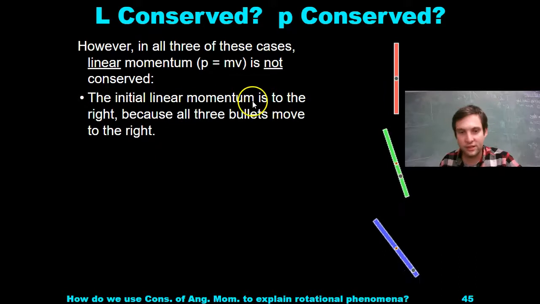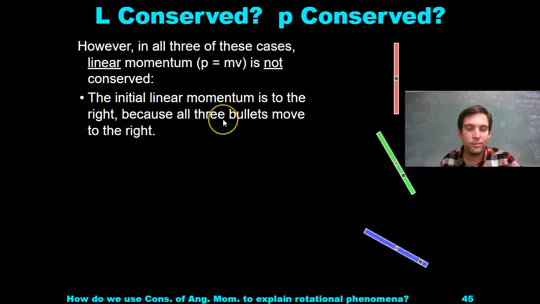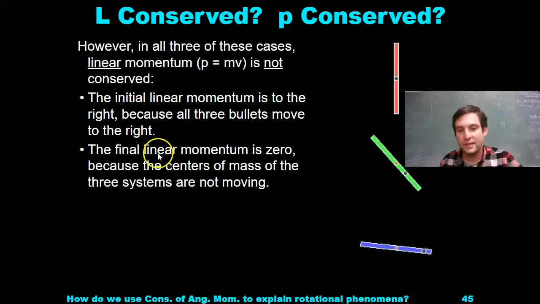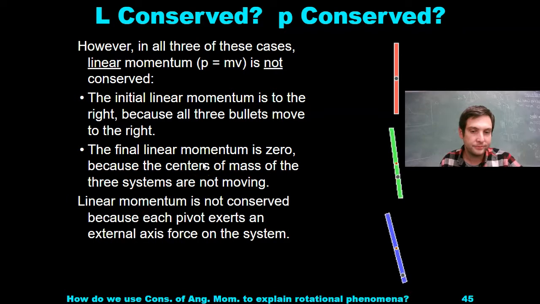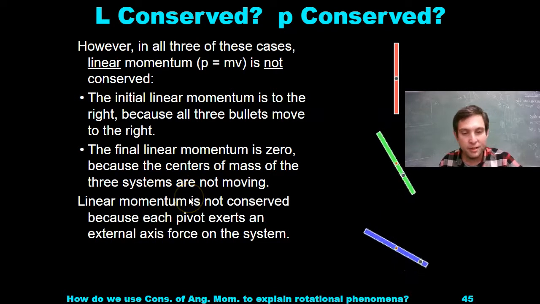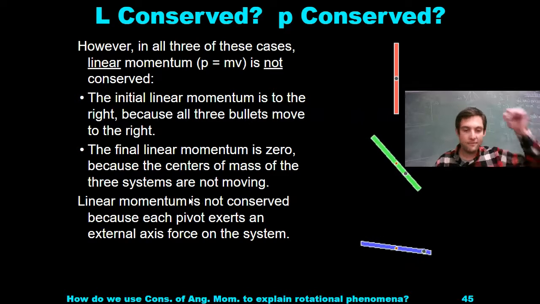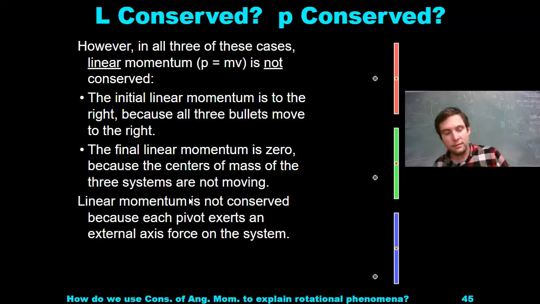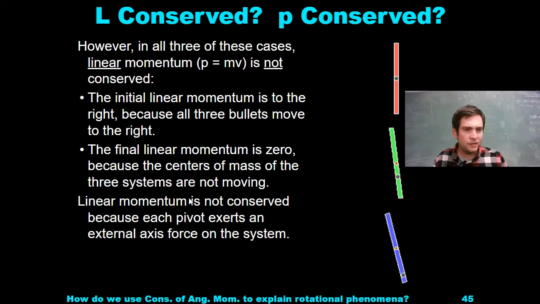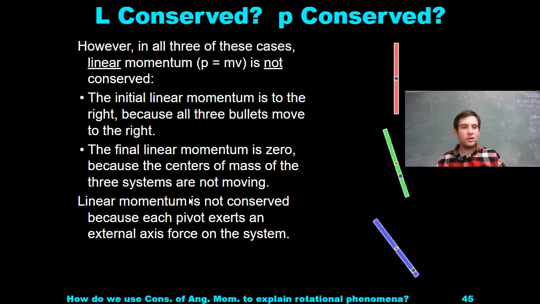The initial linear momentum is to the right because all three bullets are moving to the right. The final linear momentum is 0 because the centers of mass of the three systems are not moving. Linear momentum is not conserved because each pivot exerts an external force on the system. So don't come yelling at me, telling me I was wrong, you told me momentum is always conserved in all collisions.